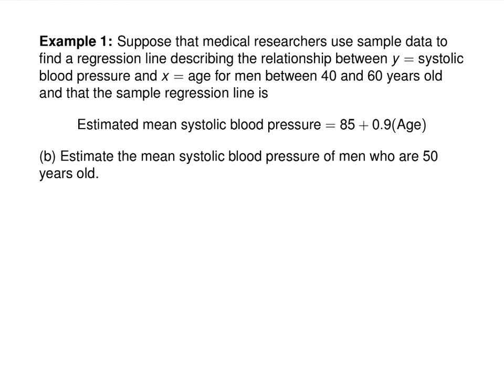Okay. So estimate the mean systolic blood pressure of men who are 50 years old. How would you do that? y hat equals 85 plus 0.9 times 50. So y hat is equal to, I think that's 130.